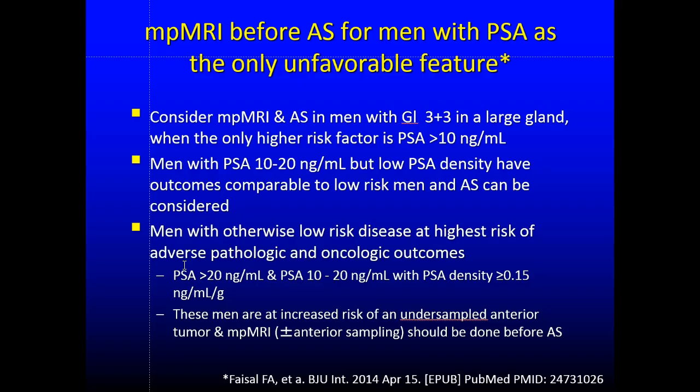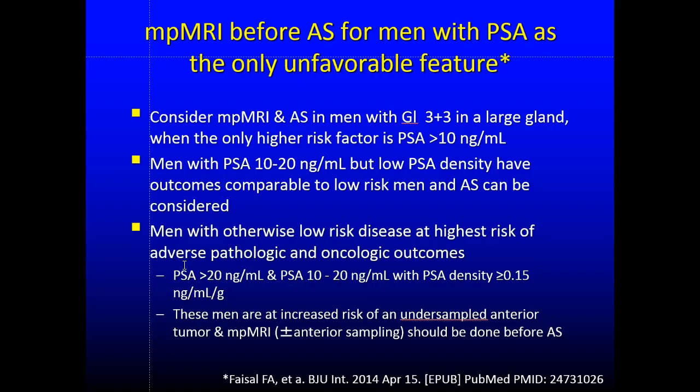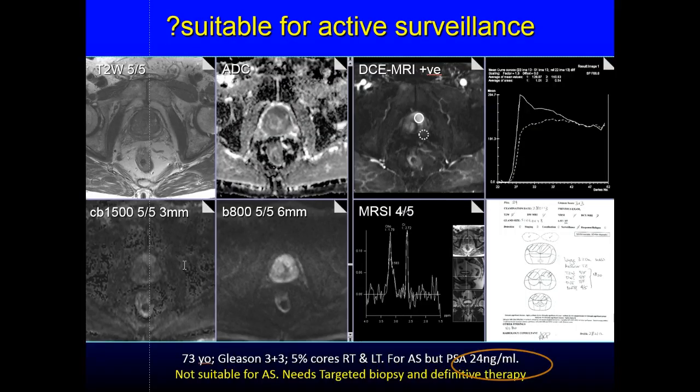So we may want to think about that kind of patient undergoing an MRI before going on to an active surveillance program. So here is an example of somebody who came along, has 3+3 for active surveillance, but the PSA was greater than 20, in fact, in this particular instance.